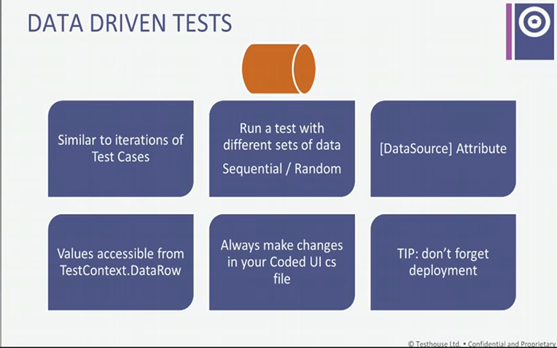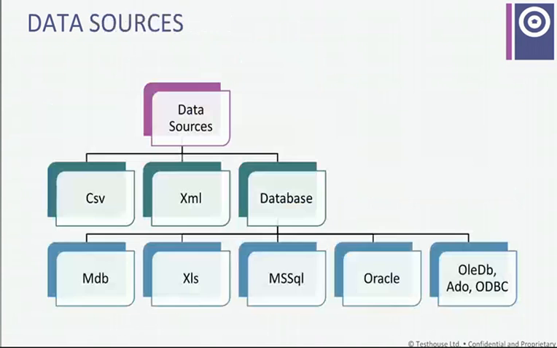You're making changes to the CodedUI CS file, which is the file you saw in the example. And a good tip, which is quite easy to forget, is that when you import a data file, you should make it a deployment item. Otherwise, things can start to go wrong. So we'll be looking at that as well in the application demonstration.